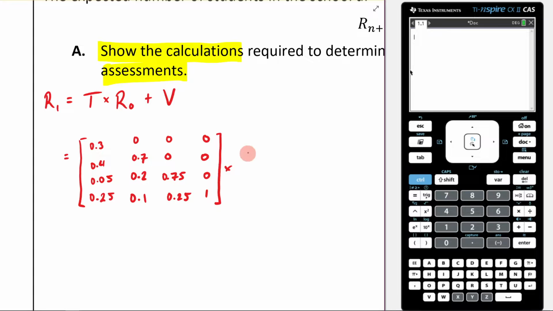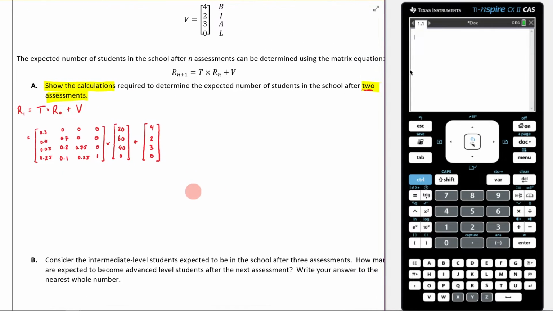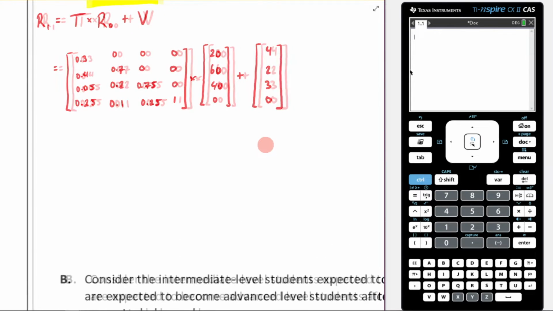Then I'm going to multiply that by R of 0. So this is my initial. I initially have 20 beginners, 60 intermediate, 40 advanced, and 0 leaving. And then I have to add on the kids that are joining the school, and that is 4, 2, 3, 0. All right, hopefully I didn't take up too much room there. No, that's good.